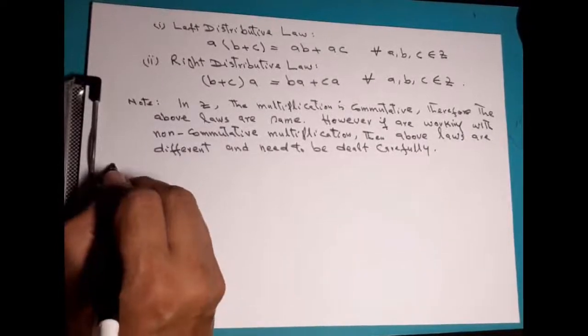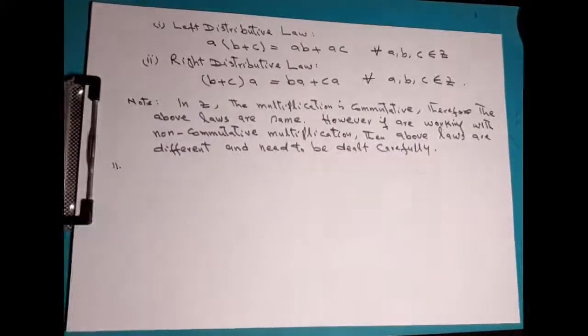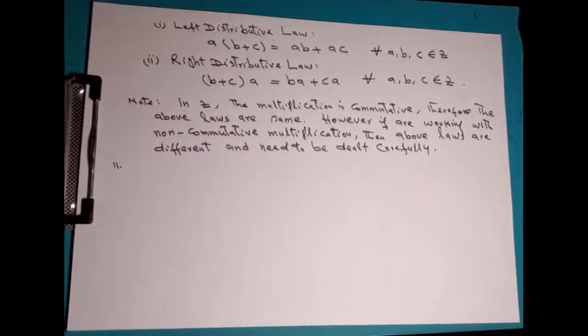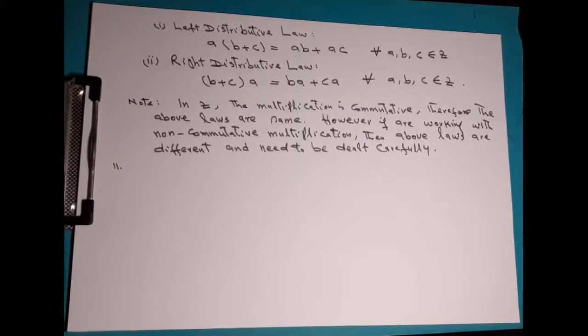So having discussed these concepts, note what we have discussed in this section. First of all, in Z we have two binary operations defined. One is addition and the second is multiplication. Under addition, Z is an abelian group.